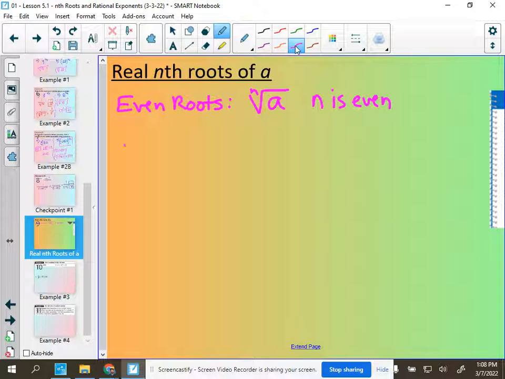So if a is positive, greater than 0, how many solutions do we get? 2 real solutions.